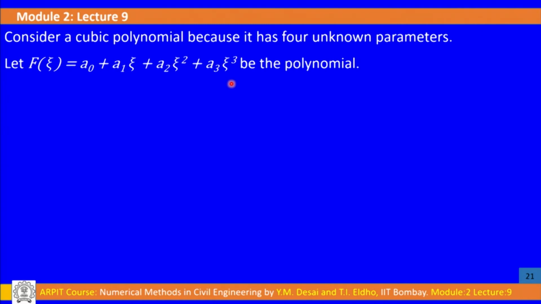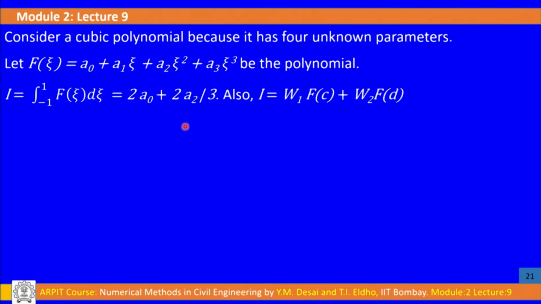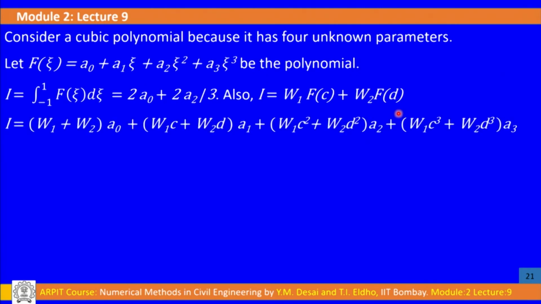This is such a simple equation, we can evaluate it analytically, and the analytical value is 2 A0 plus 2 by 3 A2, and also we have the numerically computed value of the same as W1 capital F at C plus W2 capital F at D. We take the expression for F xi and substitute for xi at C and D, and we get the numerically computed value as given in this equation.